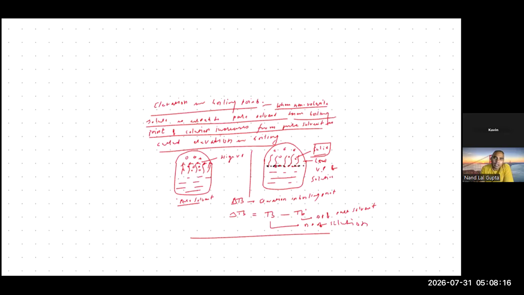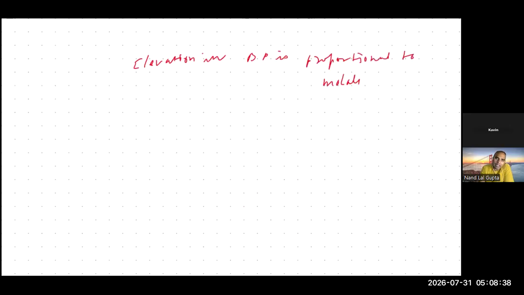Now, taking another page: elevation in boiling point is proportional to molality. So delta TB is proportional to small m, the molality. Delta TB equals KB multiplied by m.